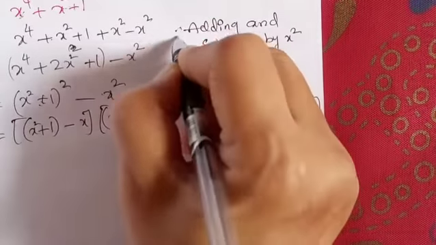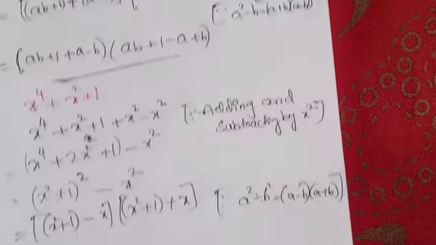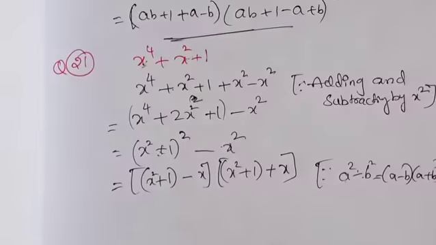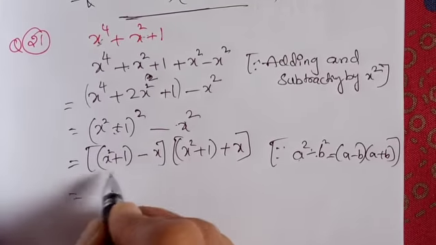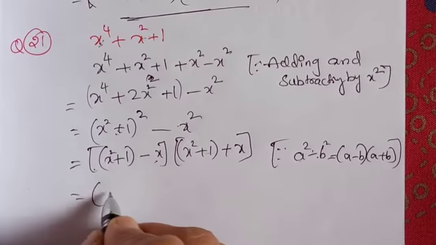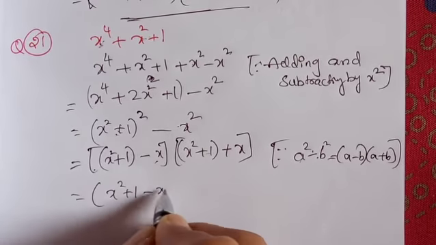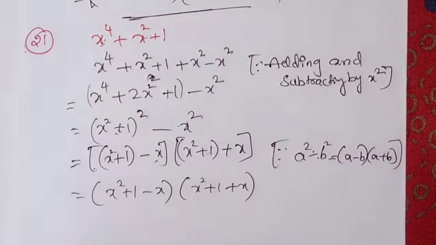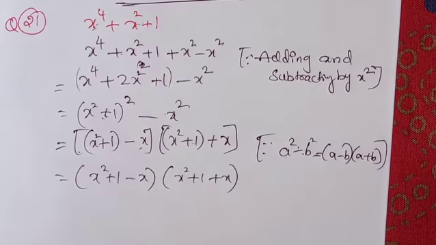Yes, children, here also, everywhere you have to mention the reasons surely. Okay, right. So here again I can remove the brackets: x square plus 1 minus x, x square plus 1 plus x. Okay, children.